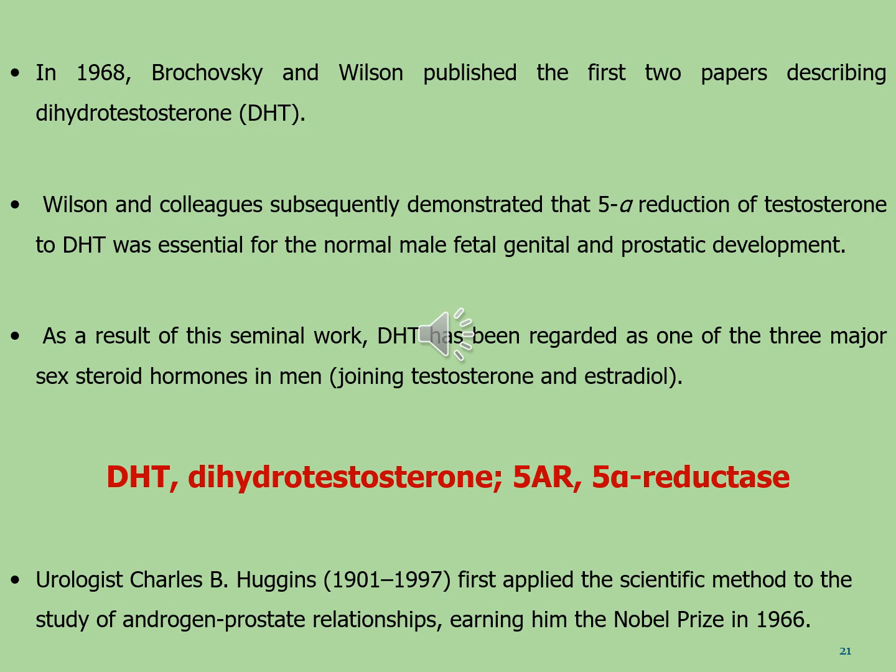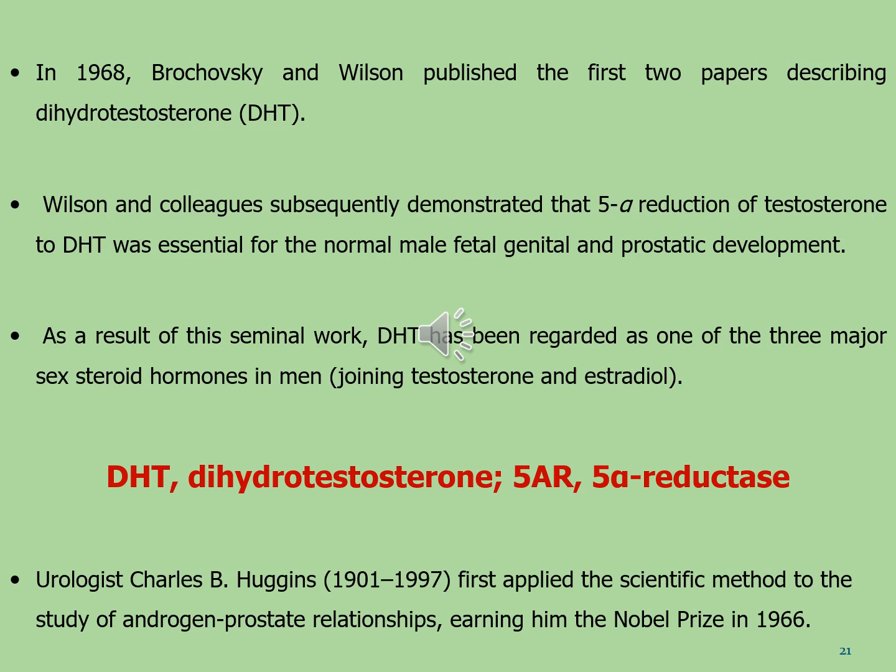Wilson and his colleagues subsequently demonstrated that 5-alpha reduction of testosterone to dihydrotestosterone was essential for normal male fetal genital and prostatic development. As a result of this seminal work, dihydrotestosterone has been regarded as one of the three major sex steroid hormones in men, joining testosterone and estradiol.